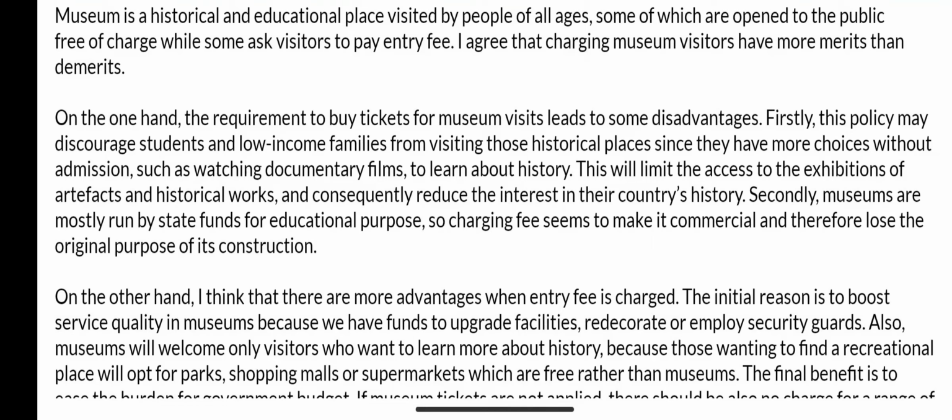This will limit the access to the exhibitions of artifacts and historical works, and consequently reduce the interest in their country's history. Secondly, museums are mostly run by state funds for educational purposes, so charging fees seems to make it commercial and therefore lose the original purpose of its construction.